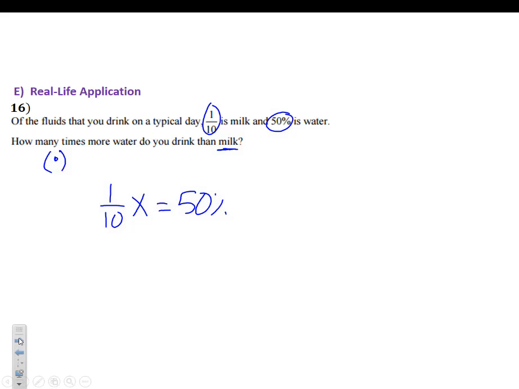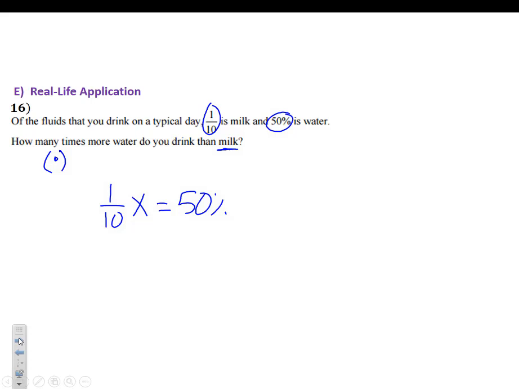Now I look at that and the first thing I've got to understand, we haven't talked about equations yet, because we just wrote an equation. Before we can do anything with these, we've got to have numbers in the same form. We can't have fractions and percents. We want to change them to the same form. I can change my 1/10 into a percent, but we don't do math with percents.